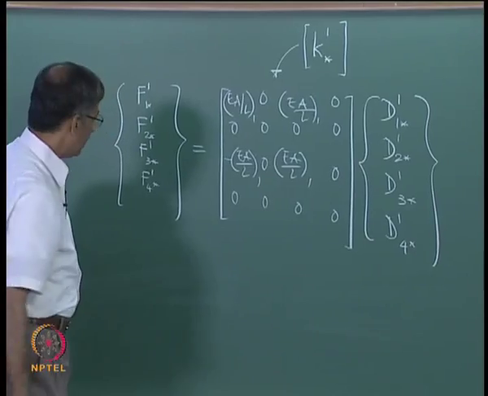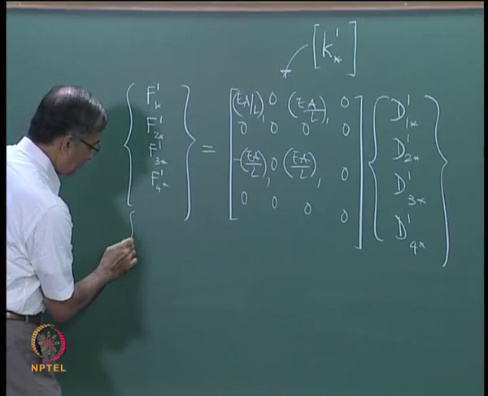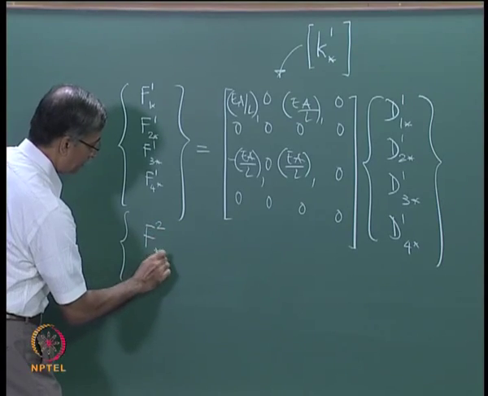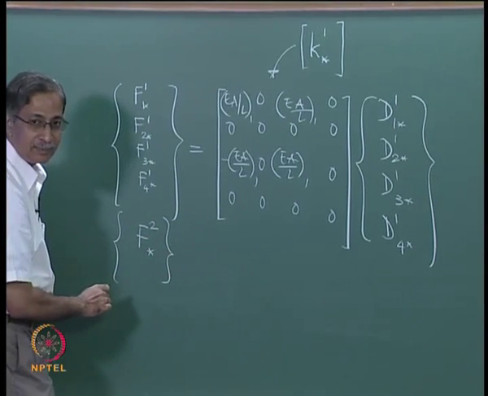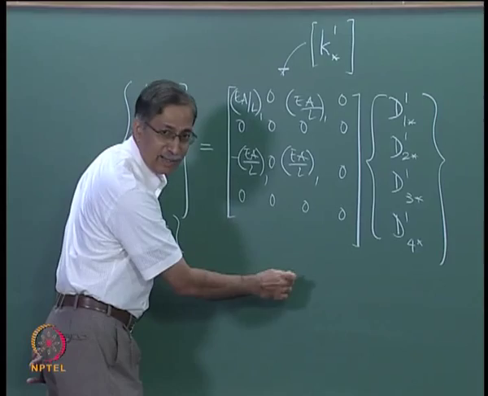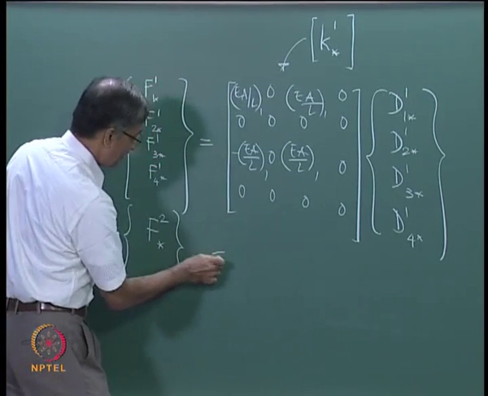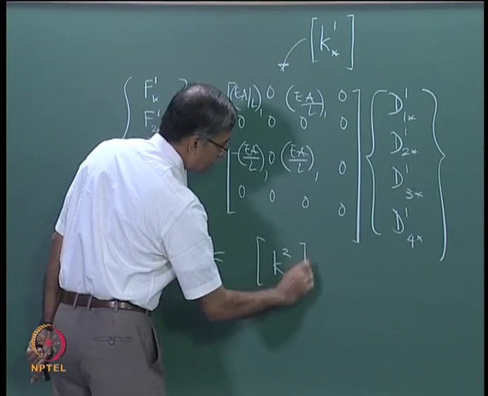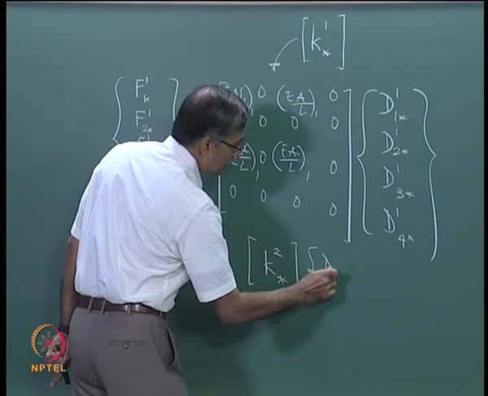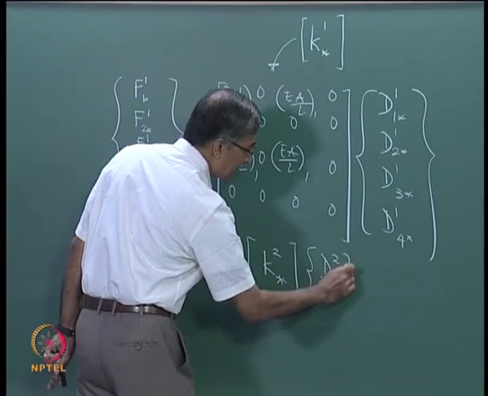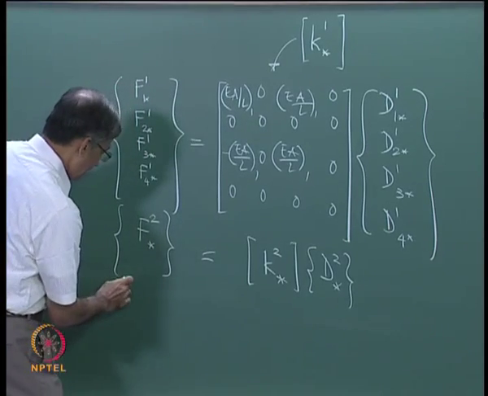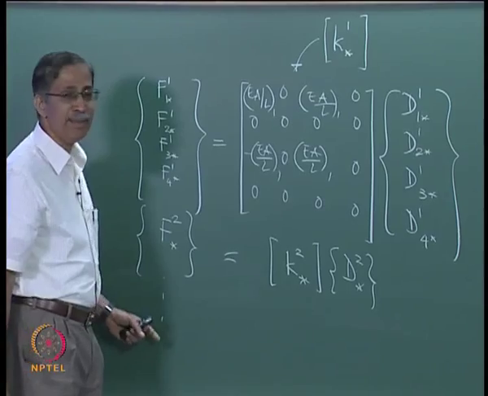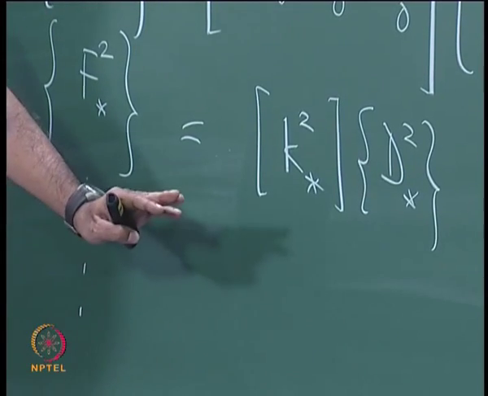Right. Now if I take the next one, which I will put as F2 star, I get another one like that, which is equal to K2 star into D2 star. Does this make sense to you? Similarly, let us say there are m elements, I can write these matrices, right.